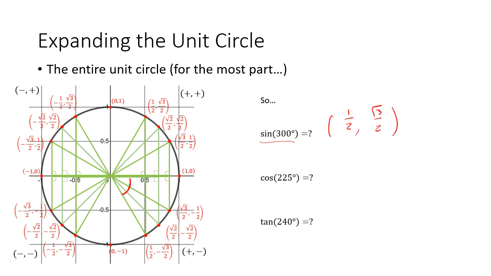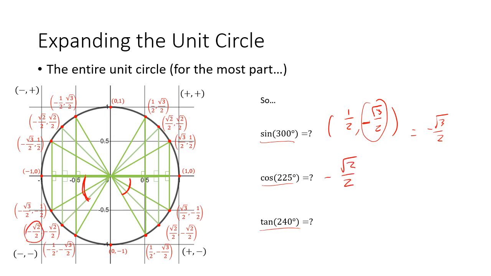Because I'm in quadrant 4 where the y value is negative, I just put a negative in front of the y value. So that's the coordinate point. And if I'm asked for sine of 300 degrees, I'm talking about the y value. So the answer is just negative root 3 over 2. The cosine of 225 degrees, I recognize that as a 45-degree reference angle in quadrant 3, and it's the x value. So this would be just negative root 2 over 2.